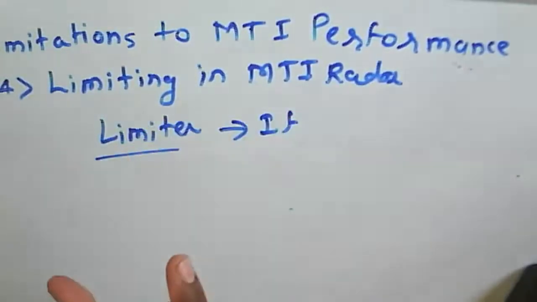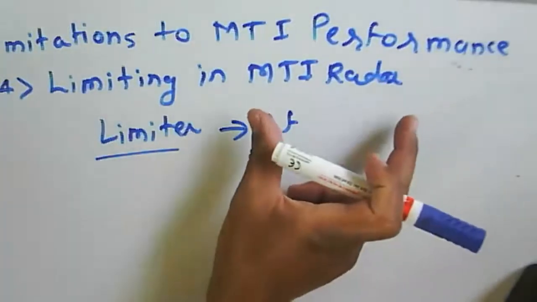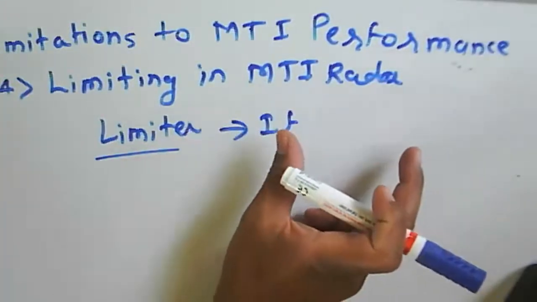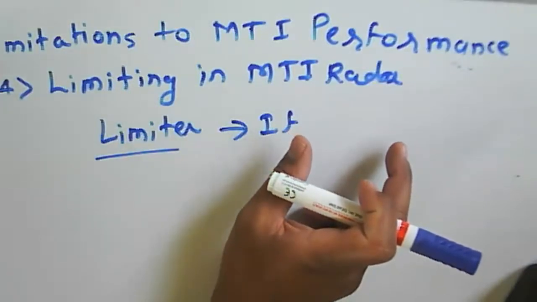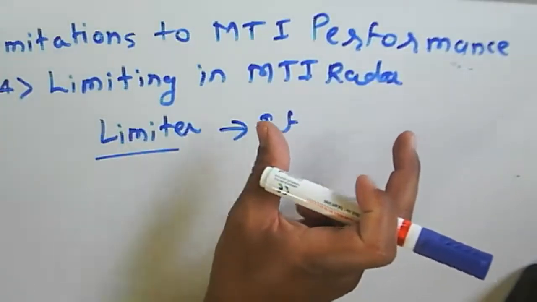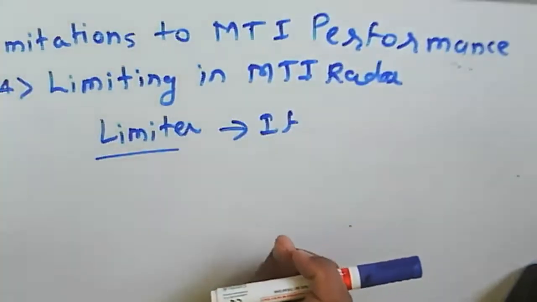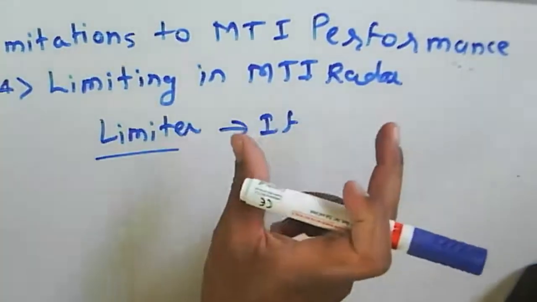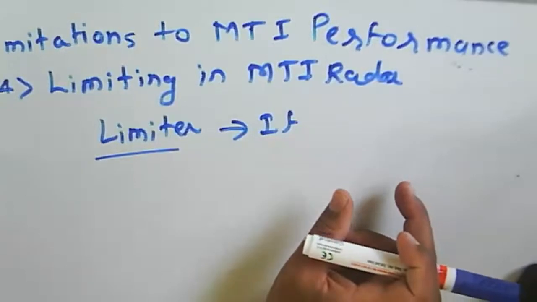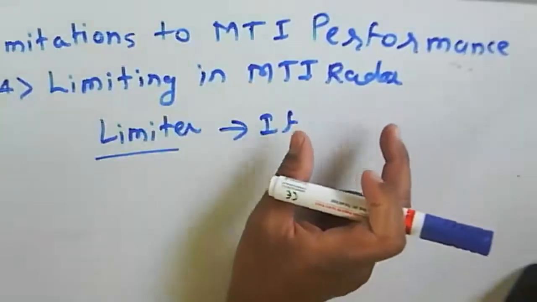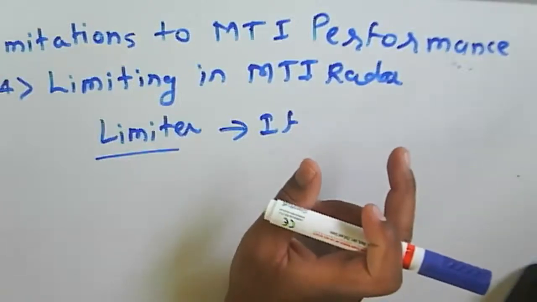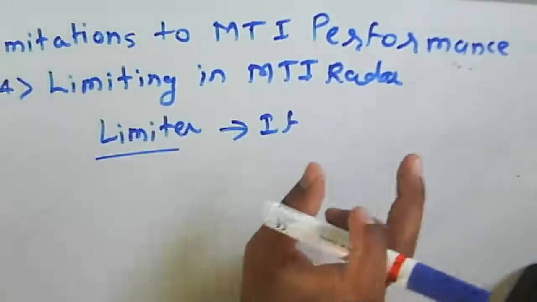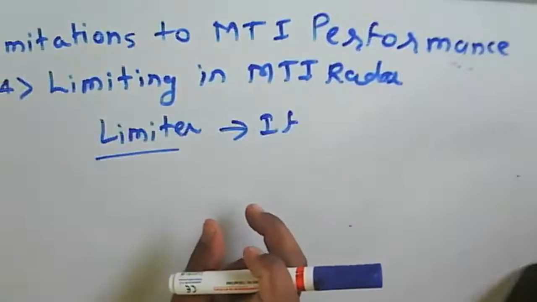Generally an ideal MTI radar will reduce the clutter to a level of the receiver noise, or you can say the clutter will be reduced to a level comparable to the receiver noise.